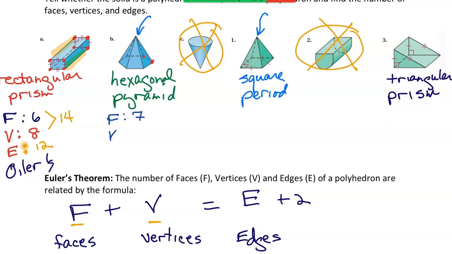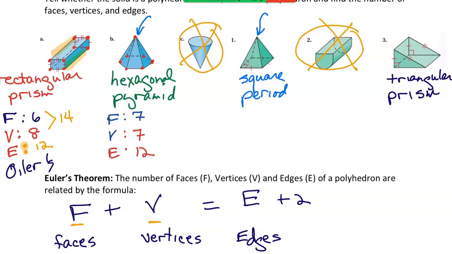So 1, 2, 3, 4, 5, 6. That's each of the corners, plus 1 more is 7. So I also have 7 vertices. Now, let's figure out the E by doing this formula. So 7 and 7 is 14. 14 equals E plus 2. So E must be 12.